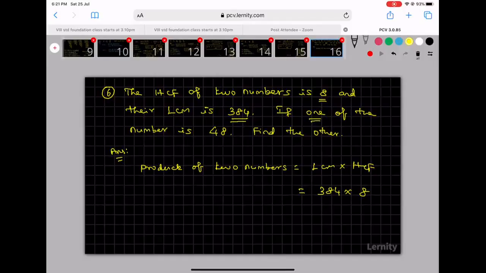One number is 48, and the other number I don't know, so I am taking it as X. Now X is equal to 384 into 8 divided by 48. If I cancel this, 6 times, therefore X is 64. That is my answer.